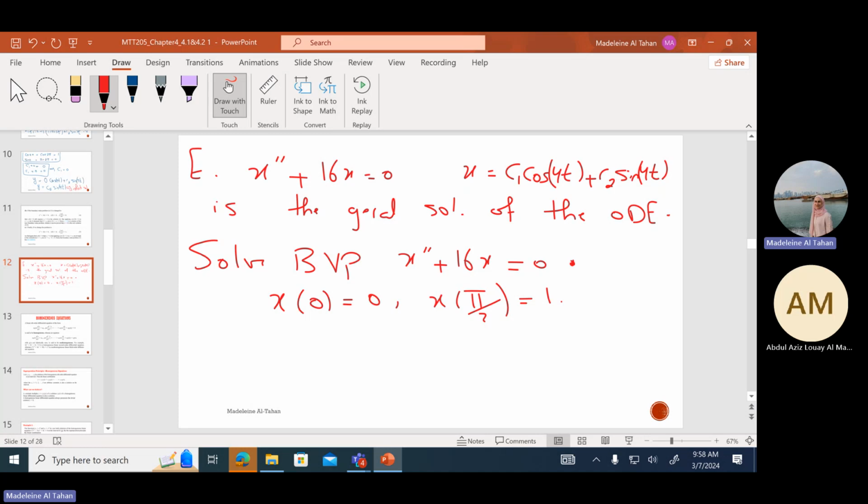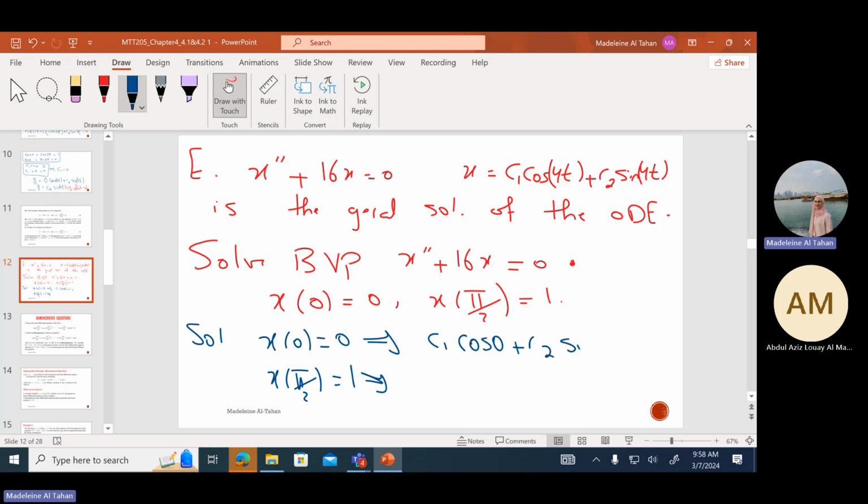Okay, let's check together. So x of 0 equal to 0, what does it mean? And x of pi over 2 equal 1, what does it mean? x of 0 equal 0 means that C1 sine 0 plus C2 sine 0 equal to 0.